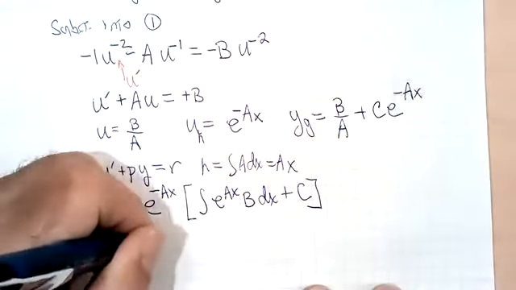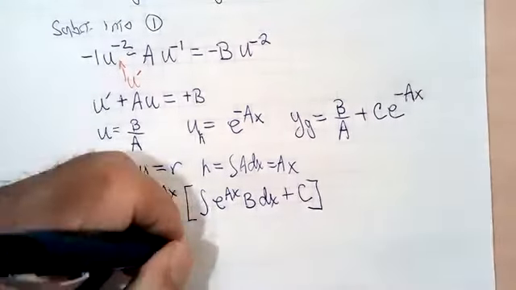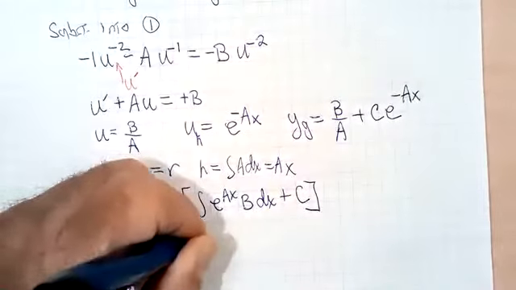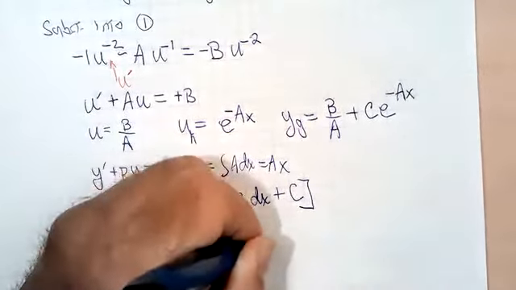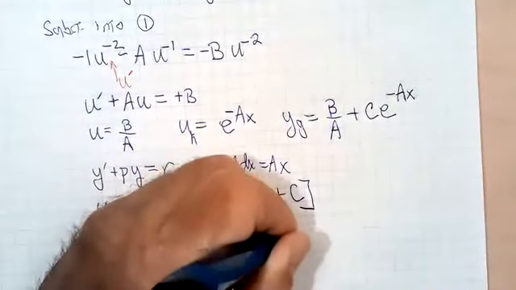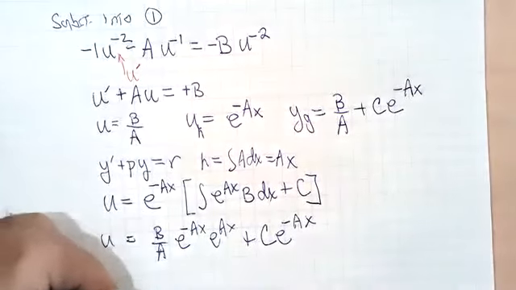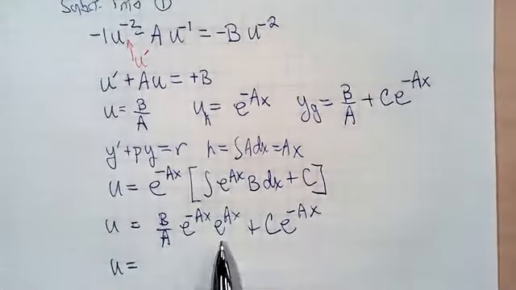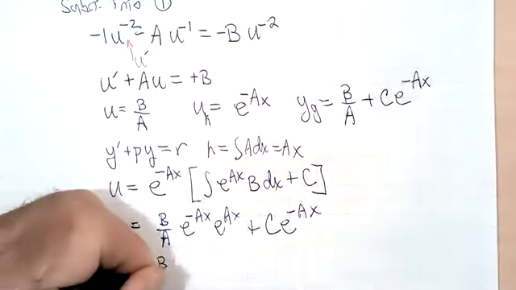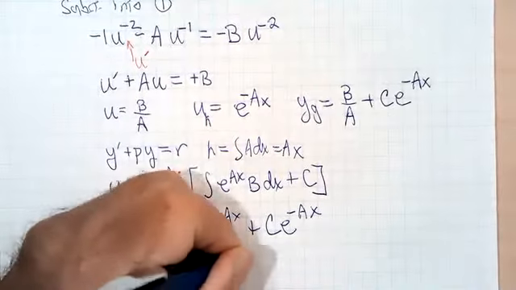So I've got b over a e to the ax times e to the minus ax plus c e to the minus ax. Those two things multiplied together give 1. It's b over a plus c e to the minus ax.